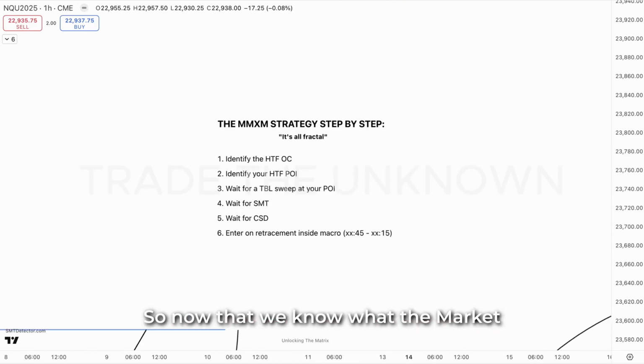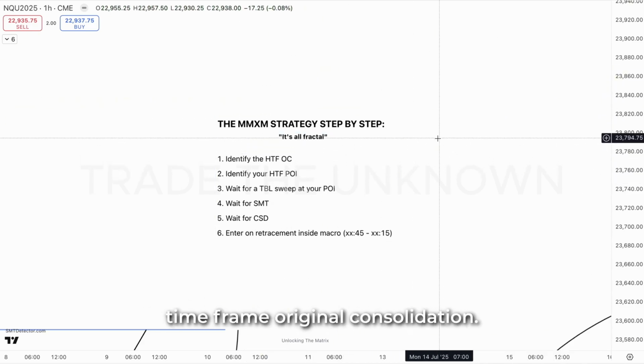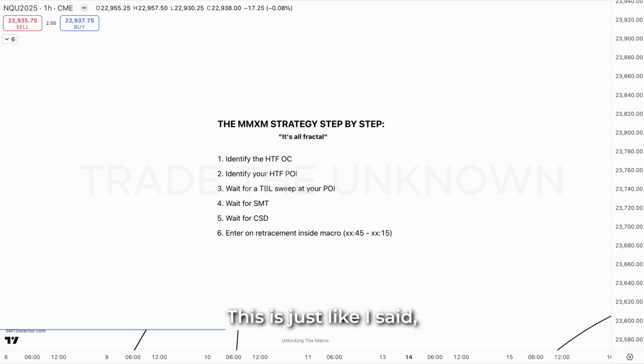So now that we know what the market maker model is, and we've seen two examples, what is the actual model that we're going to be using to trade this strategy, right? So step number one, identify the higher time frame original consolidation. Just like I said, we identify the point where price is likely going to return to at a later time.